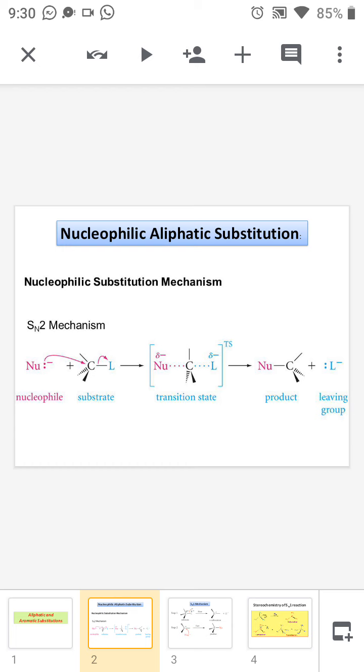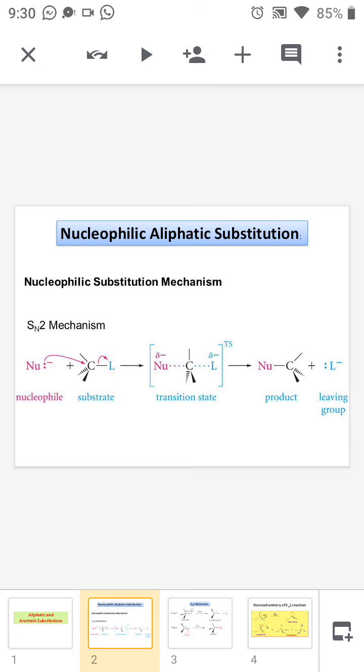See here in the SN2 mechanism, first of all the nucleophile will approach the substrate in the opposite direction of the leaving group. I have shown the leaving group as capital L and the nucleophile as Nu, and the nucleophile approaches the reaction center, that is carbon, in the opposite direction to the leaving group.